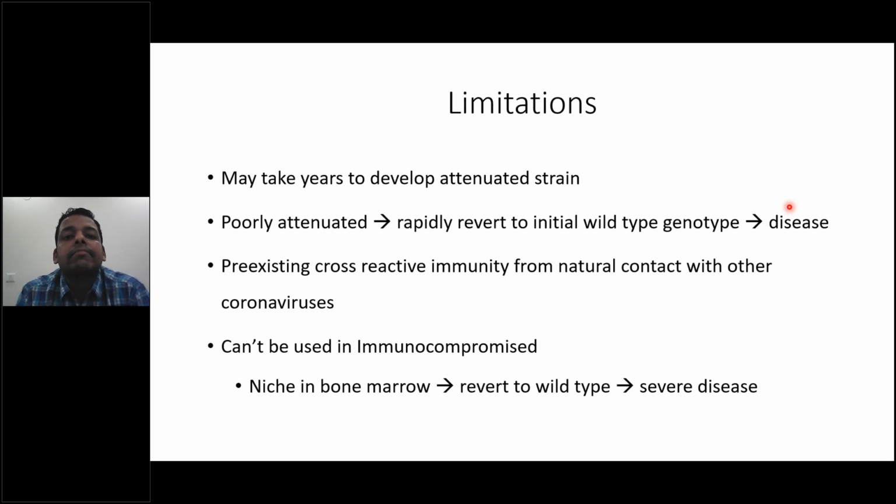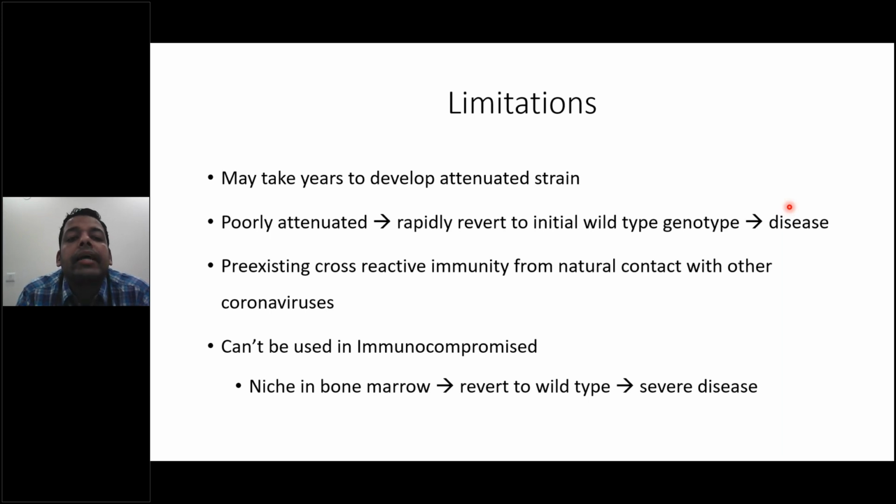The limitations of this method are that it may take years to develop attenuated strains. And if we do not spend that much time on it, if we pick up the strains early which are poorly attenuated, those strains may rapidly revert to the initial wild type genotype, and then inside the body can result in disease.